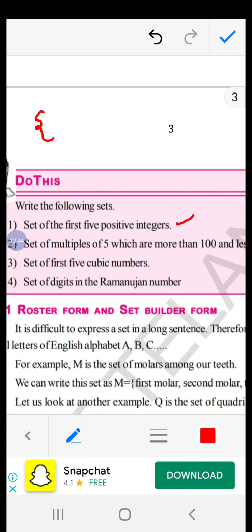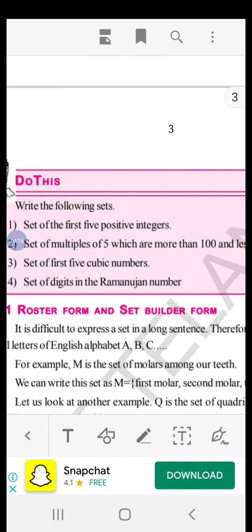That is called a well defined collection. So the first 5 positive integers are 1, 2, 3, 4, 5. This is nothing but the set of first 5 positive integers, right?